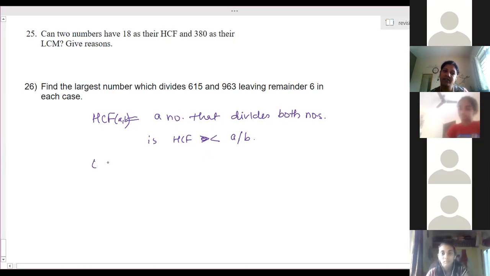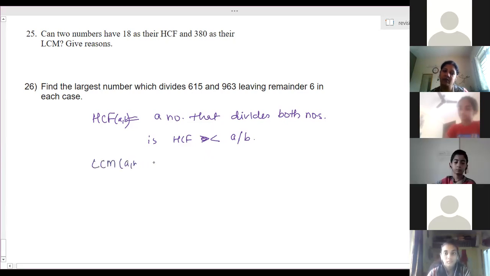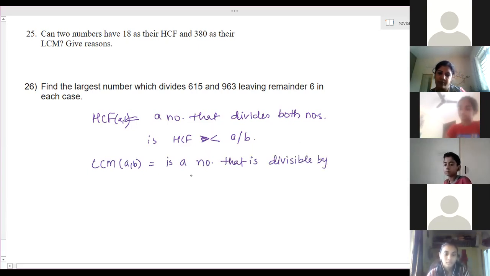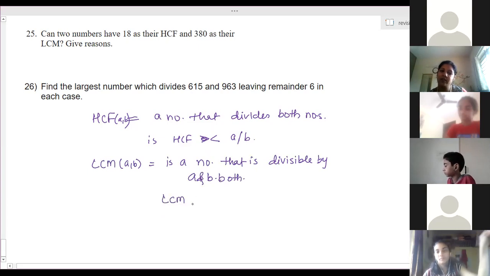And LCM of A and B is a number that is divisible by A and B both. Clear? And LCM is always greater than A or B.